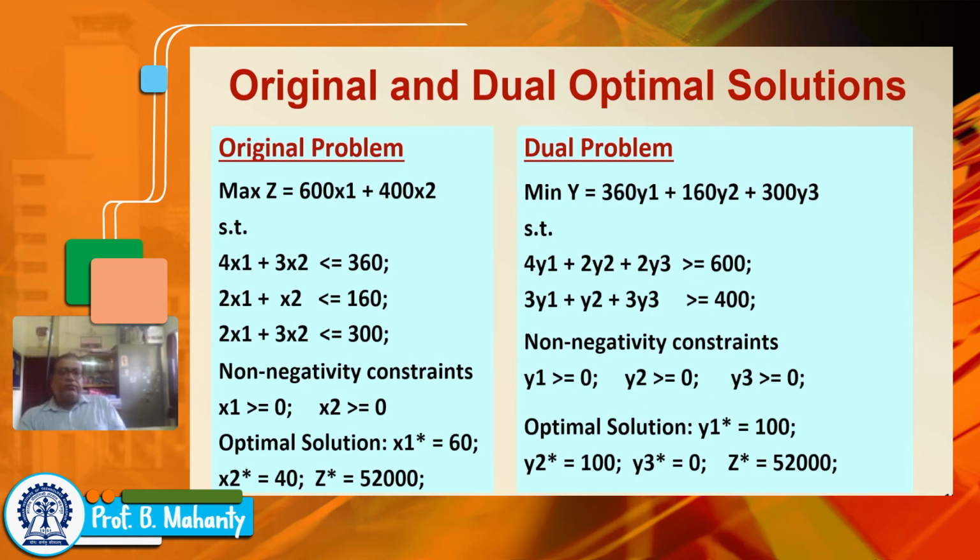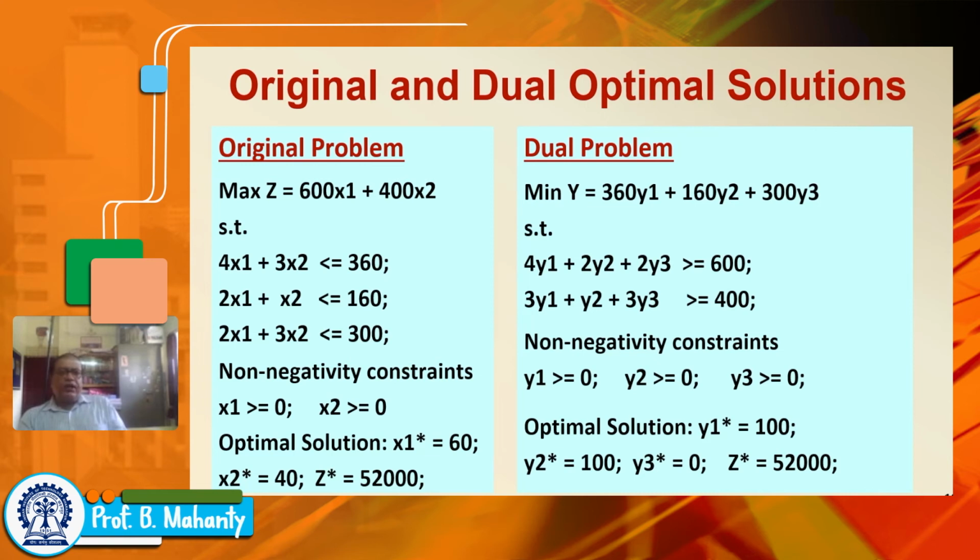Then what will happen to these two constraints? They will become equality. Can you see that? Since x1 exists and x2 exists, this constraint will become equality at the optimal point. This constraint will also become equality at the optimal point.